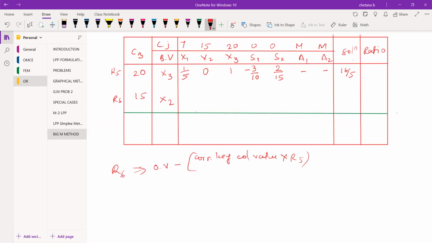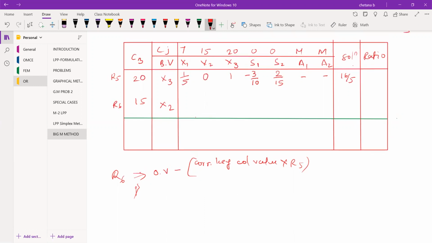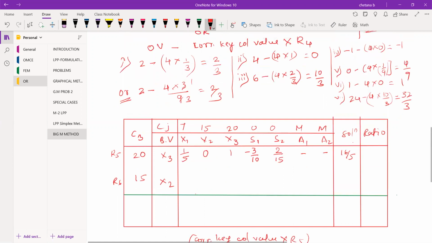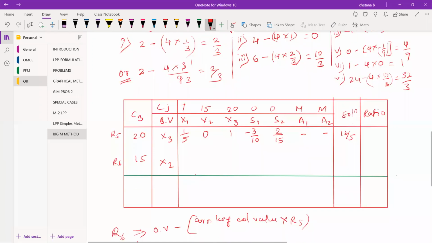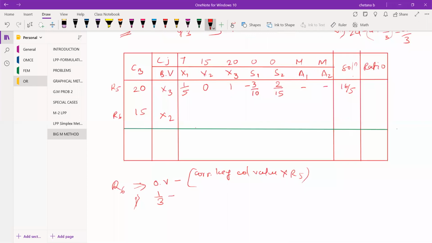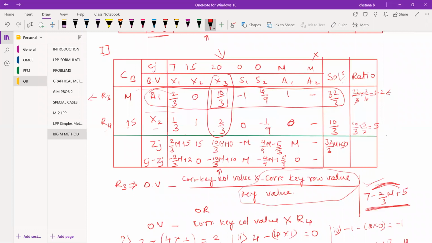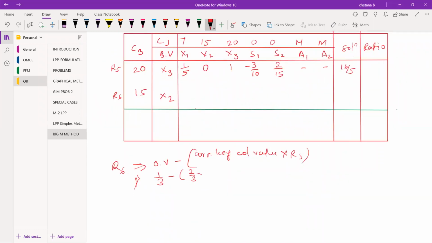So for the first calculation, the old value is 1 by 3, minus the corresponding key column value, which will not change throughout the calculation, that is 2 by 3, into 1 by 5. So how much will it be? 1 by 5.